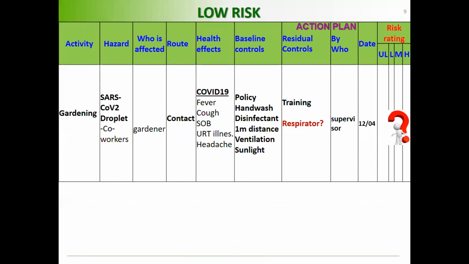Do they really need respirators? I do not think so, but they need to be trained, because even in the yard or the workplace, they'll be coming into contact with their co-workers when having lunch, when probably just chatting. So they need to be educated to know that they are at risk, so that they can protect themselves as well.